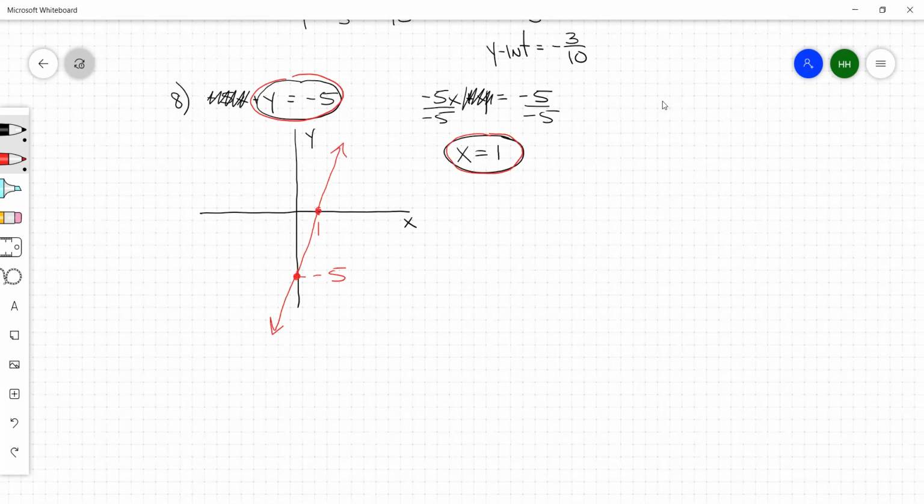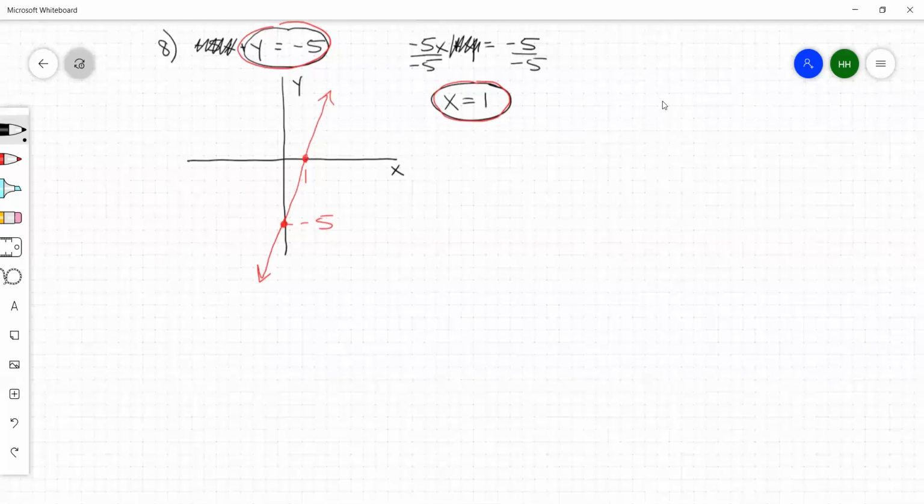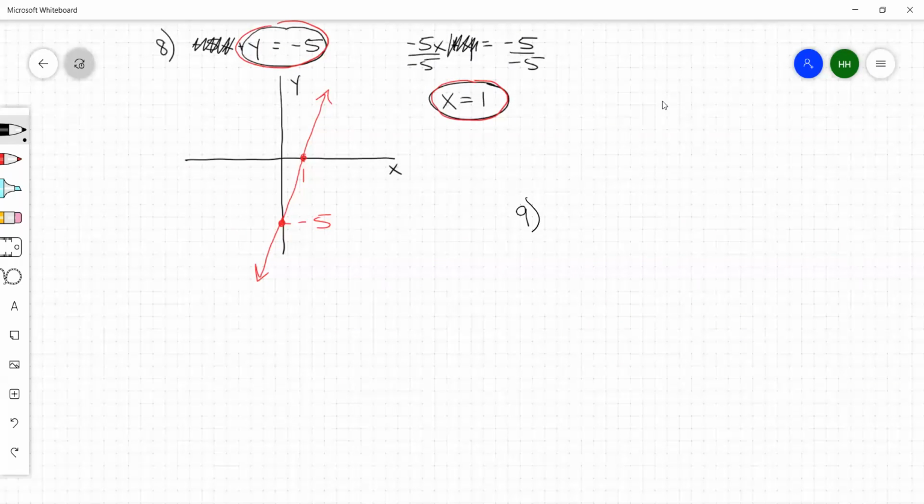Number 9, it's kind of the same type of problem. You are given 5x minus 6y equals negative 30. They're asking you, what are the intercepts of the equation? Just write it again. Equals negative 30.